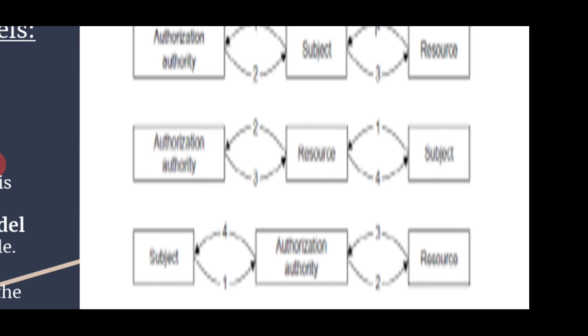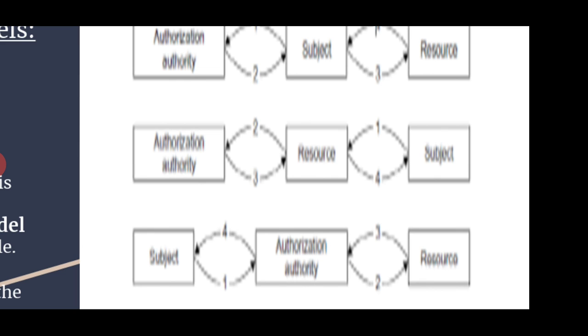Here, first the subject, 1 and 4, then the authorization authority, then 2 and 3, and the last one is the resource. What does this last diagram explain?